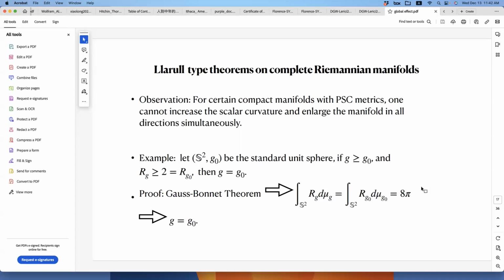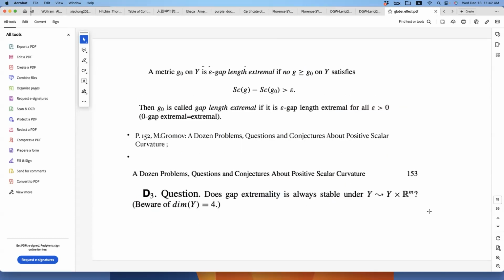Okay. Now, in order to investigate the Llarull type phenomenon more closely, Professor Gromov introduced the following notion, the so-called epsilon gap length extremality. Y is a closed manifold, and G naught is a Riemannian metric on Y. We say that G0 is epsilon length extremal if there is no metric G bigger than or equal to G0 on Y whose scalar curvature is at least epsilon bigger than that of G0.